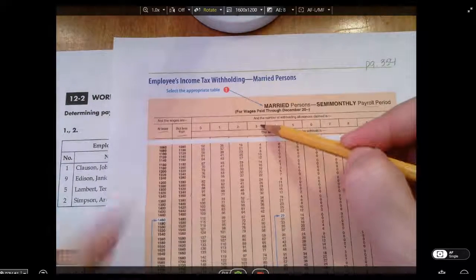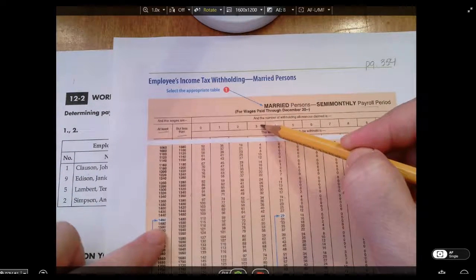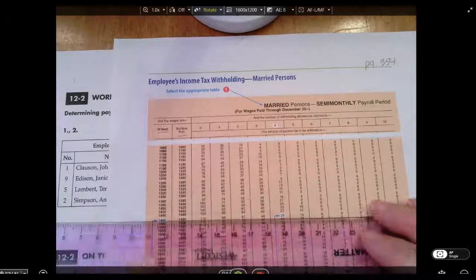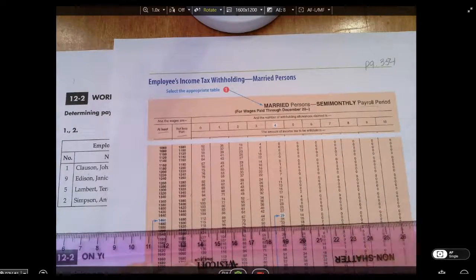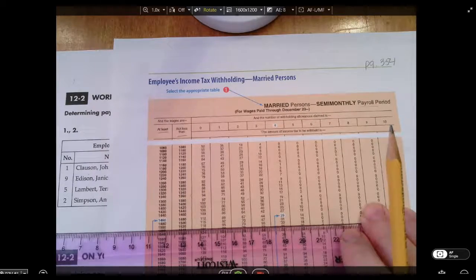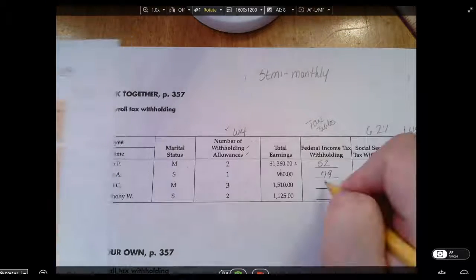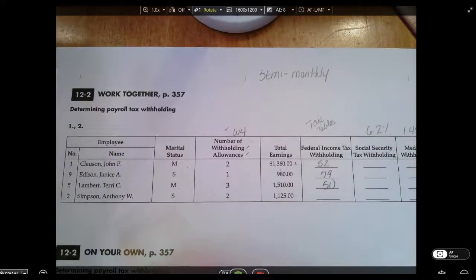He makes $1,510, so we look for between $1,500 and $1,520. How many allowances? 3. So his is $50.